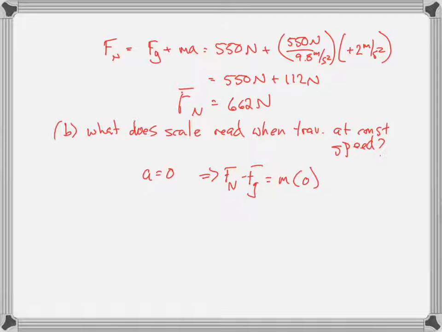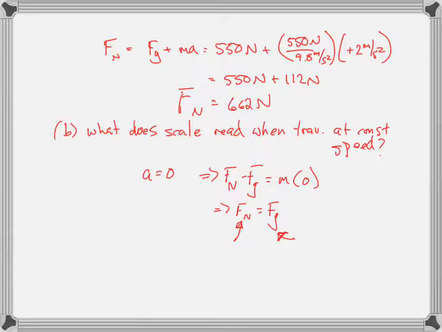Going through the whole same analysis, but I'm just skipping the steps up until that equation. And so therefore, Fn equals Fg. Therefore, the normal force on me, which is the force the scale exerts on me, which is the force that I exert on the scale, which is what the scale reads, is equal to my weight. Or your weight. Sorry, this is you. Your weight.